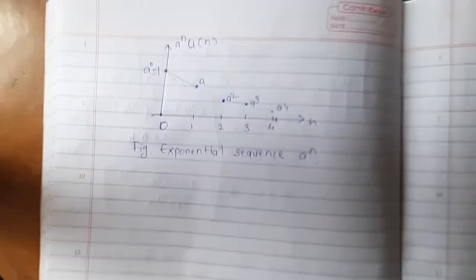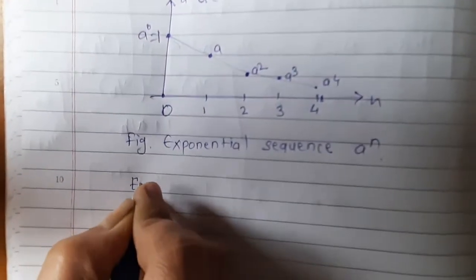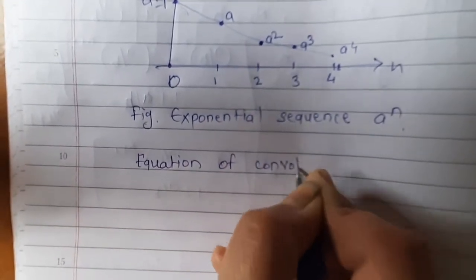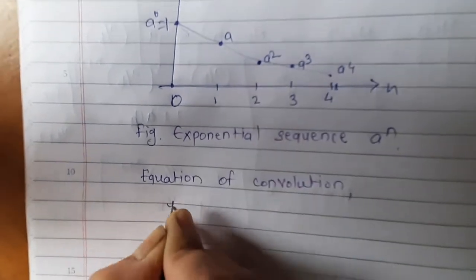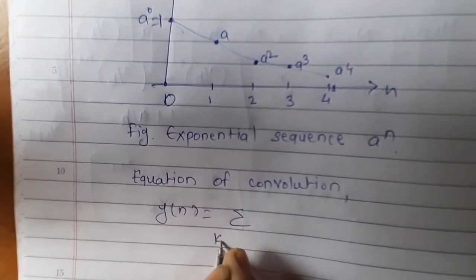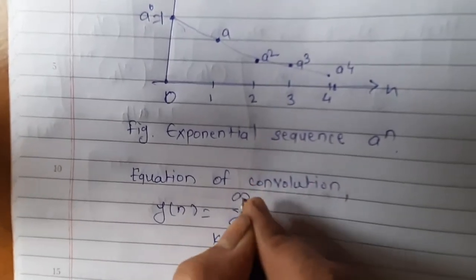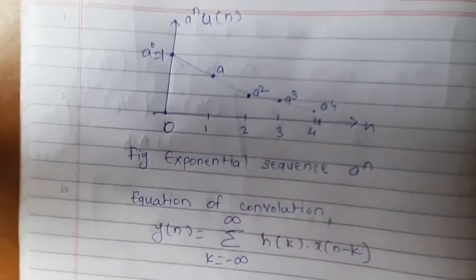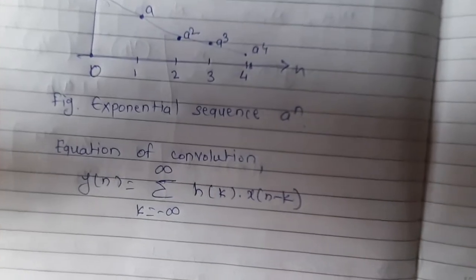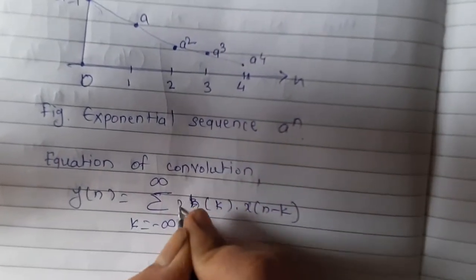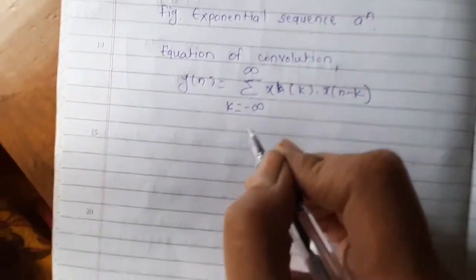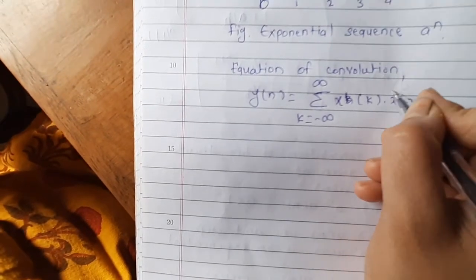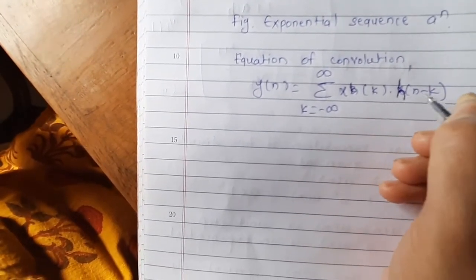Now we write the equation of convolution. So the equation of convolution is y of n is equal to summation k tends from minus infinity to infinity x of k into h of n minus k.